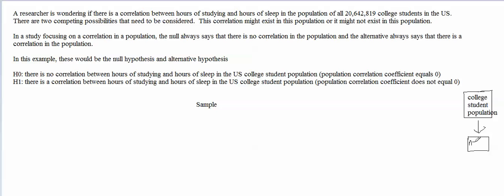If we're interested in whether there's a correlation between hours of studying and hours of sleep in our population, that's the data we would have to collect from our sample. We would have to record hours of studying and hours of sleep from our sample members. And based on the answers from these 100 college students, we could look at the correlation inside of the sample to hopefully give us a sense of whether this correlation exists across this entire population.